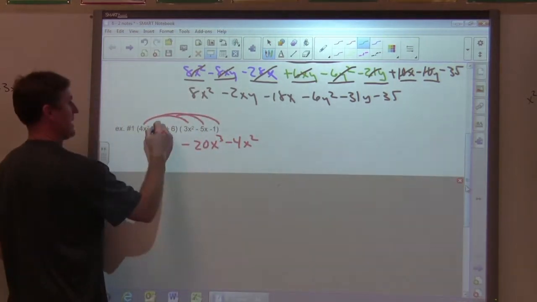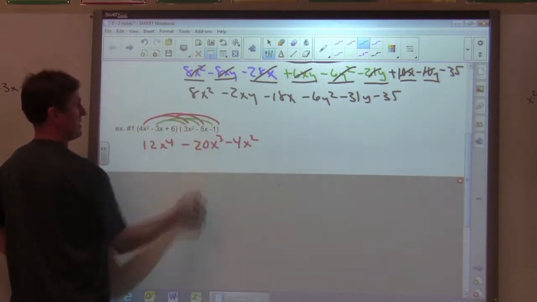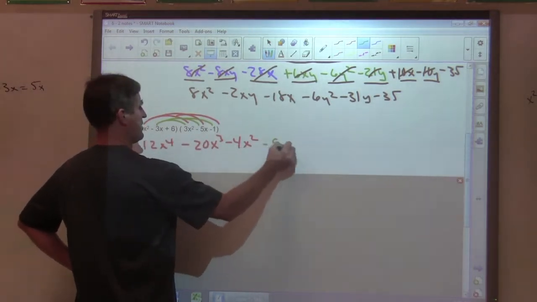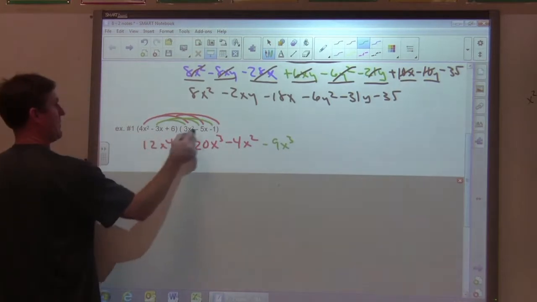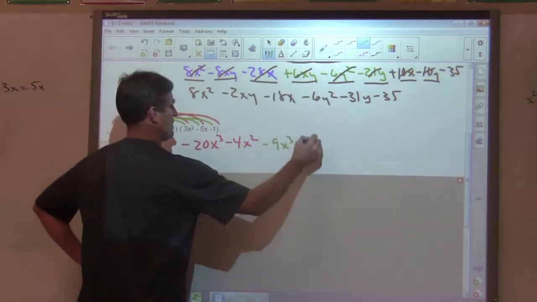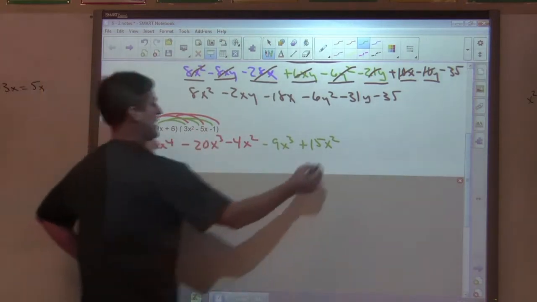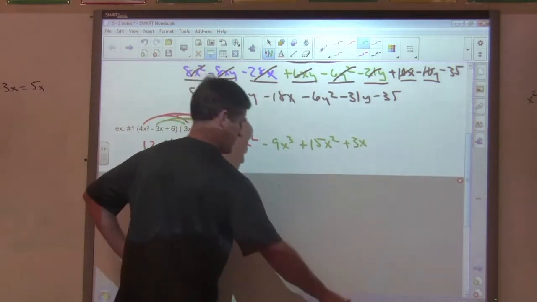And then I'm going to take negative 3x times everything. So we get negative 9x cubed. Negative 3 times negative 5 is a positive 15x squared. And negative 3x times negative 1 is a positive 3x.